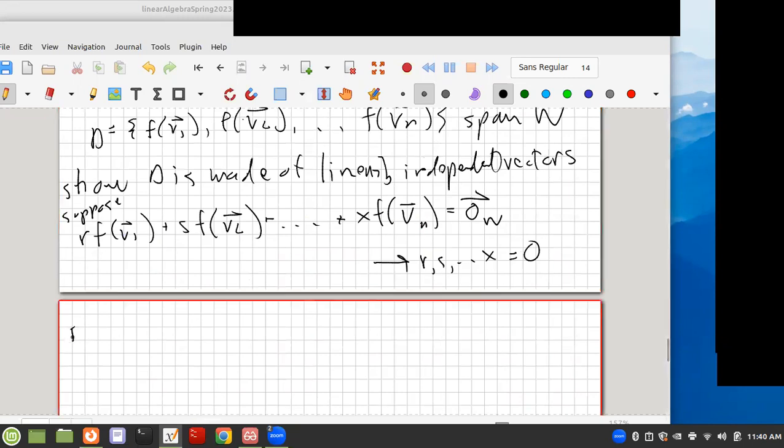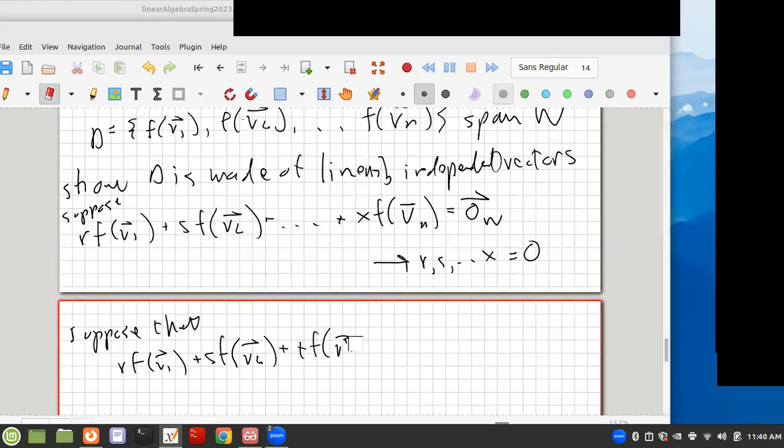So let's suppose that this is true: R times F of V1 plus S times F of V2 plus T times F of V3 plus up to X F of Vn equals the zero vector in W, right?